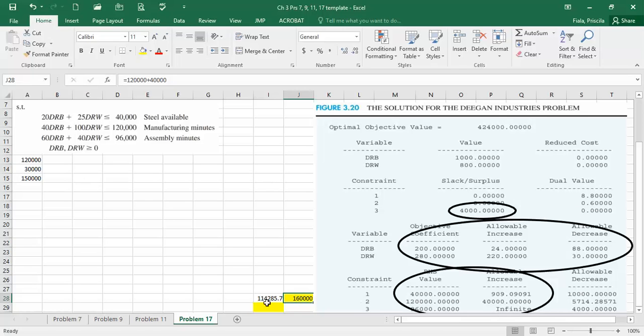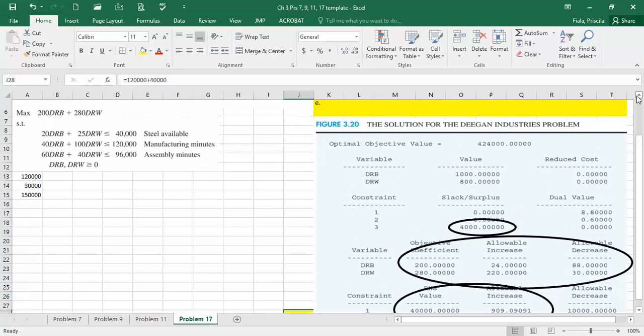Again, constraint number 2 says it has 120,000 minutes right here. It allows me to decrease 5,714 and to increase 40,000 minutes. So my highest point for this constraint is 160,000.